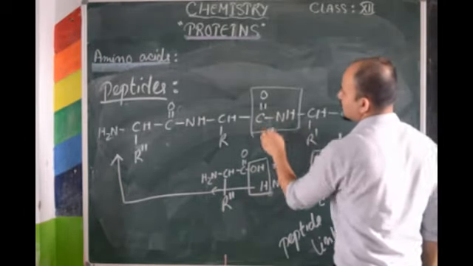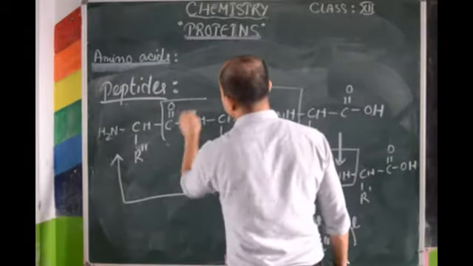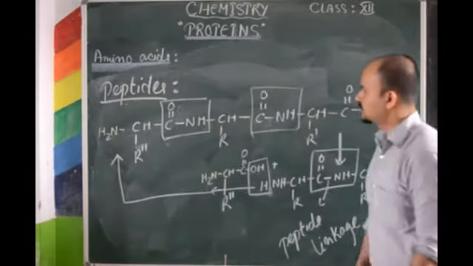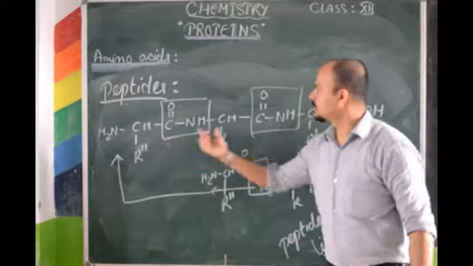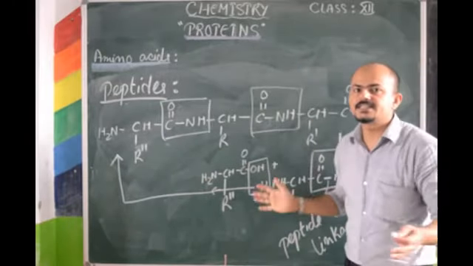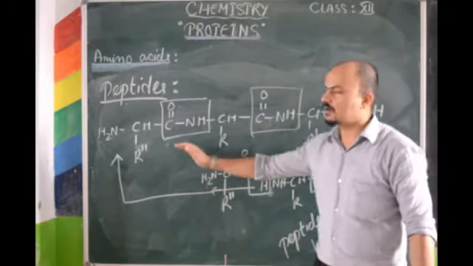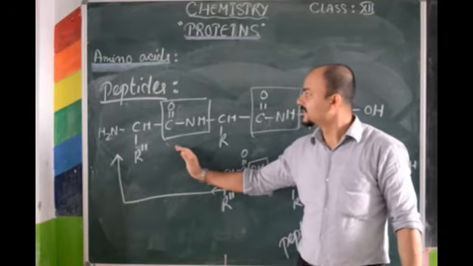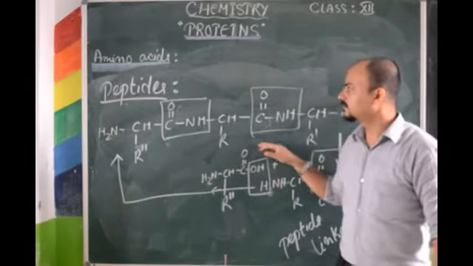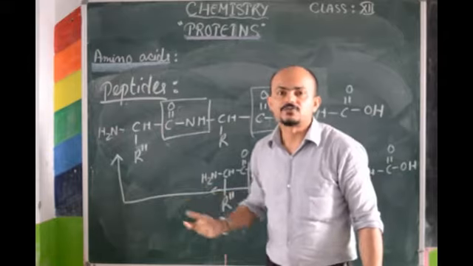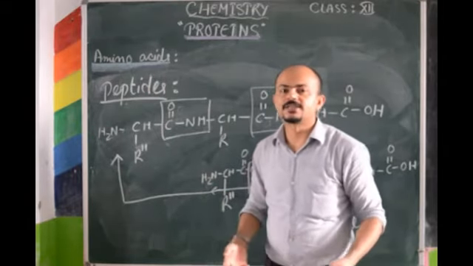Now here we have this peptide linkage, and here we have the peptide linkage. So here we can see that three molecules of amino acids have condensed together. What is the name of this particular compound? It would be tripeptide. Tri means three molecules have condensed together.